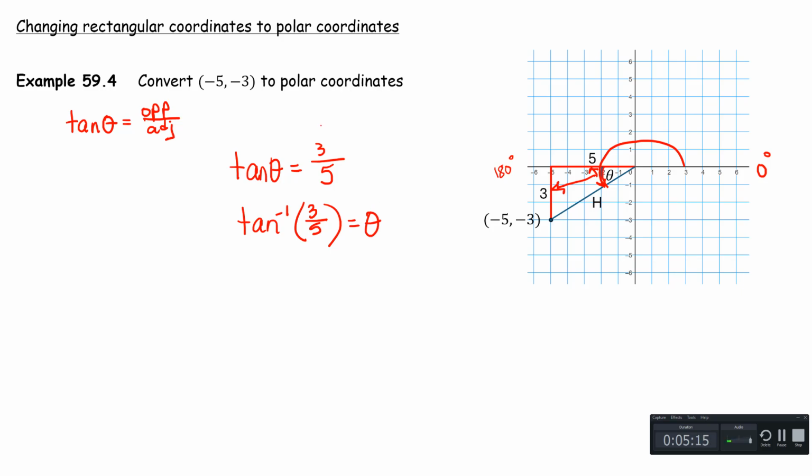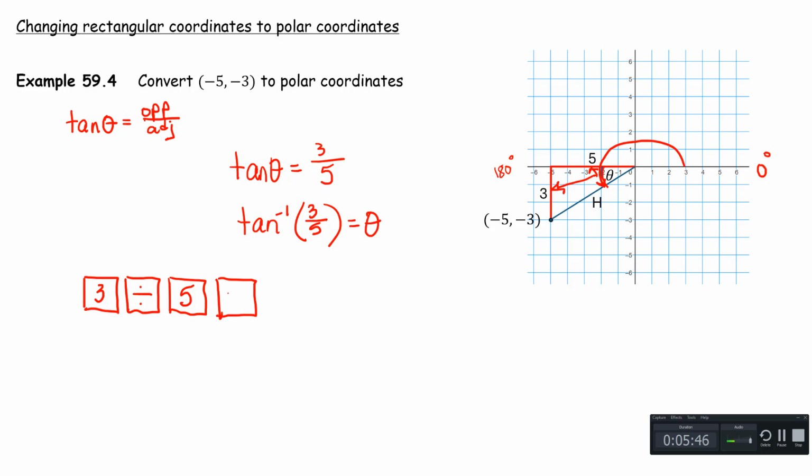So I will get my calculator and I will punch that in. And so the buttons I will push would be these. I would hit 3 divided by 5.